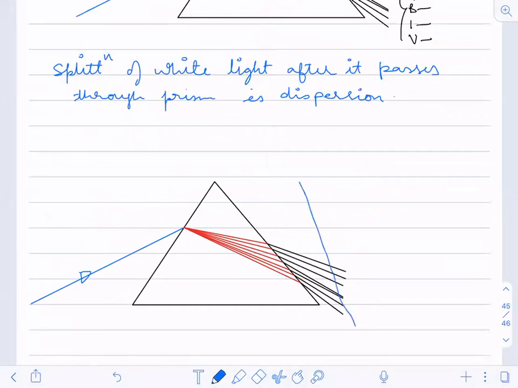So what will happen to this light now? Yes, all the lights will recombine, and again you will be having a white light.